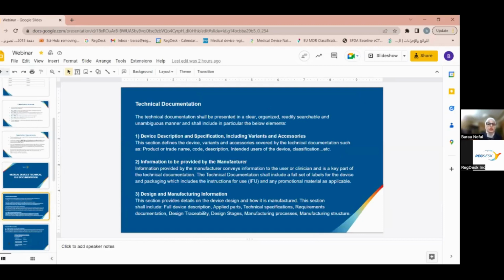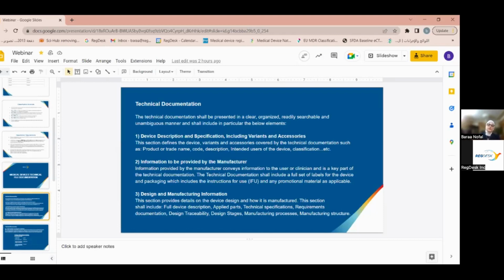For example, the first thing you need to provide is the device description and specification, including variants and accessories. In brief, this section includes the product or trade name, code, description, intended users of the device, and the classification, etc.